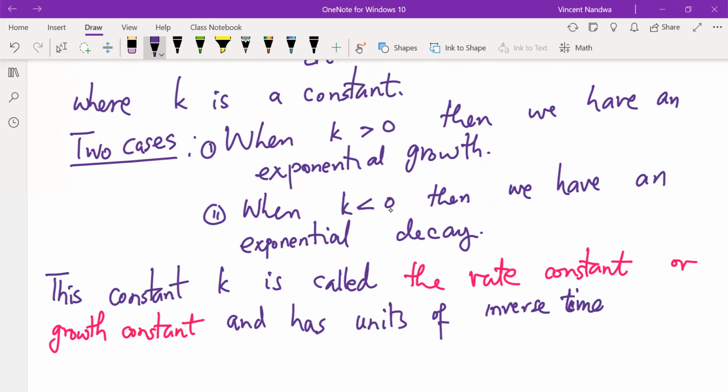Inverse time, so number per second, or it may be number per minute or number per week, number per day, number per year.